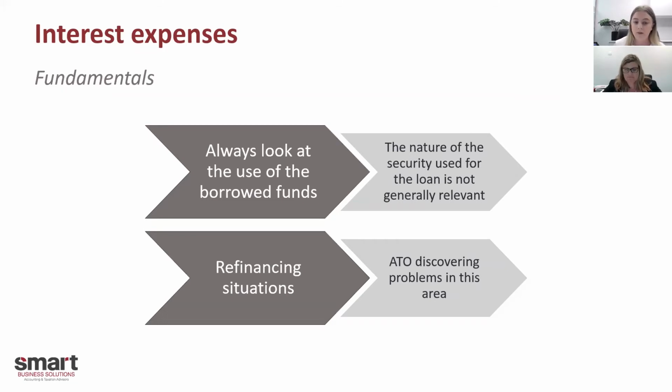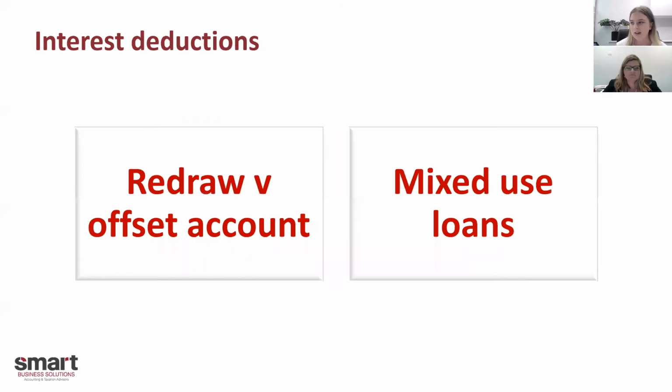If you refinance a loan, this also doesn't usually affect anything, as long as the loan is 100% for the property, for instance. You do have a couple of ways to get money out of a loan. Most of you with a home loan would be familiar with redraw and offset accounts.